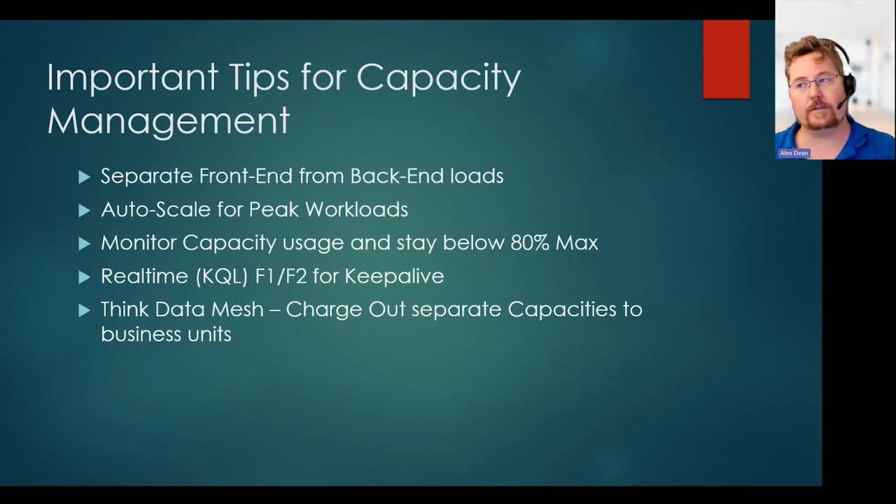So if you can separate them out, the only downside, of course, is that if you're going to be buying F8s, you don't get all the features of an F64. The F64 comes with a whole bunch of features that you only get if you buy at least one F64.